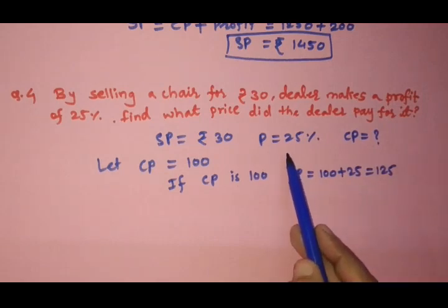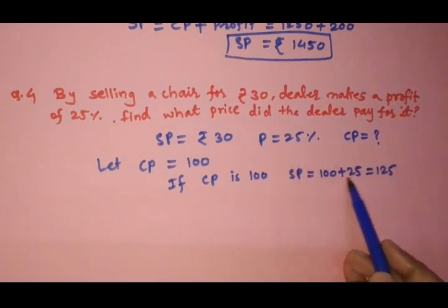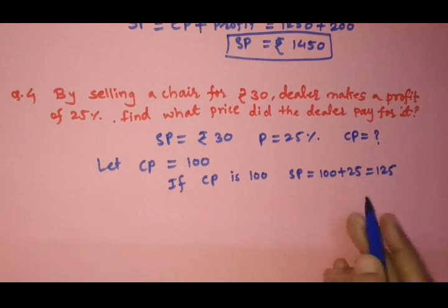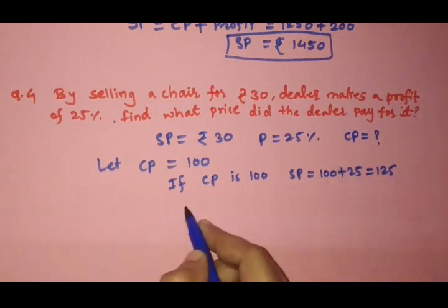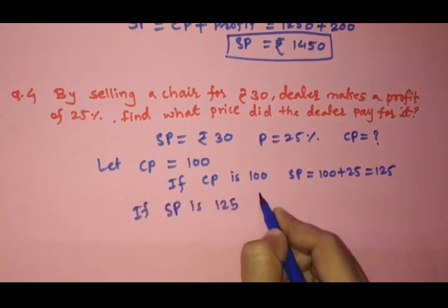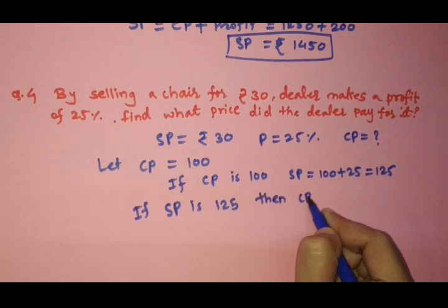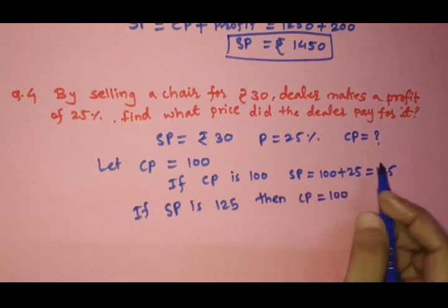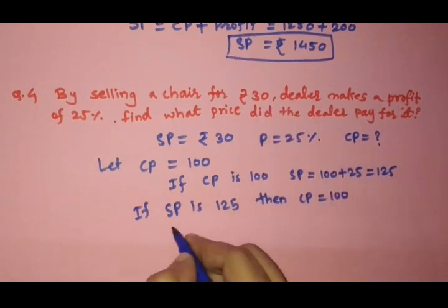Always remember, when profit percent is given, you add it to 100, and when a loss is given, you subtract it. So if SP is 125, then cost price is 100. So our given SP is 30.